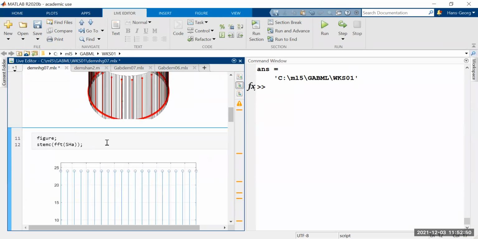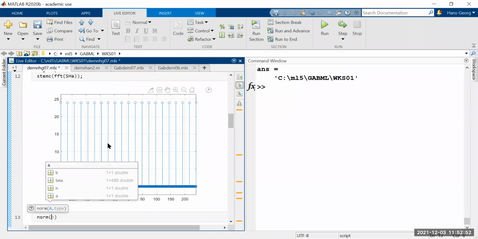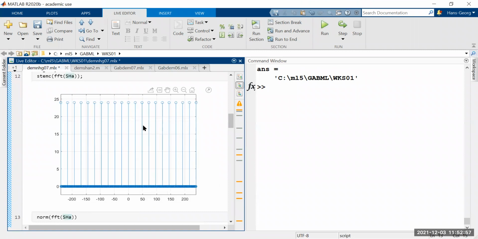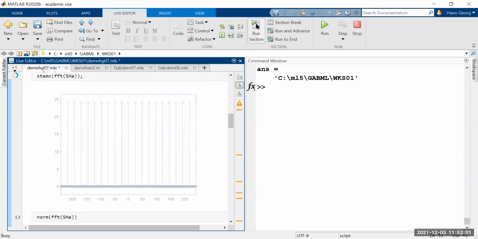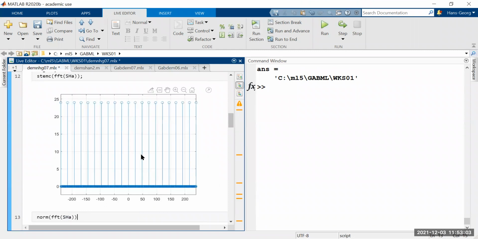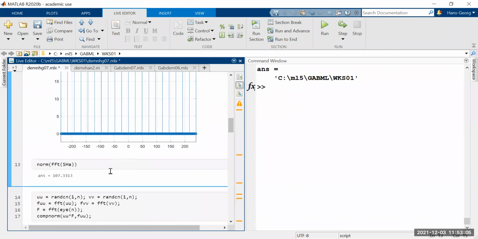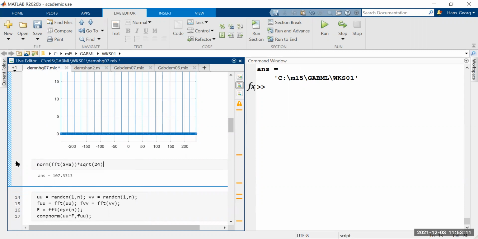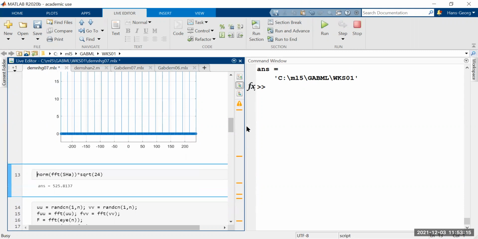And clearly, what we see here, the norm of the FFT of this Shah distribution, we know it will always be a multiple of this. And so we have square root of 24 was the original one. Maybe I'm jumping. Okay, so it was the wrong direction probably.